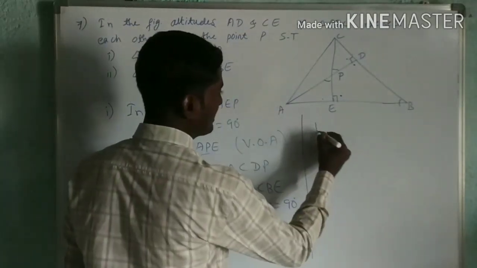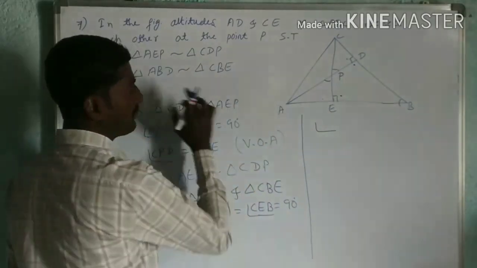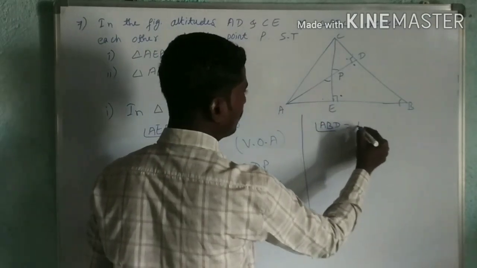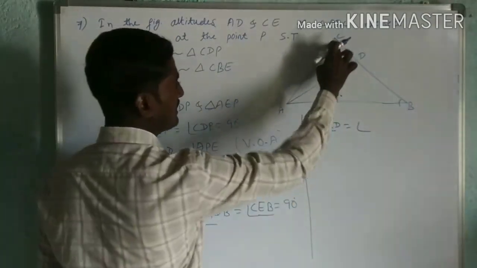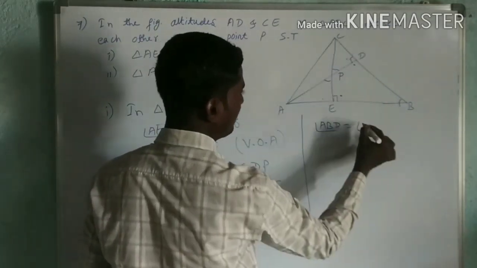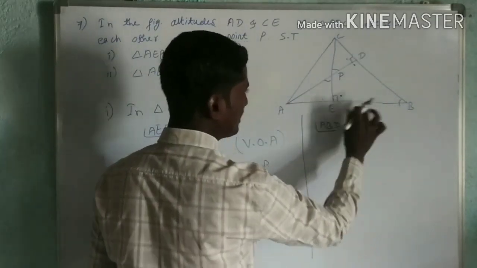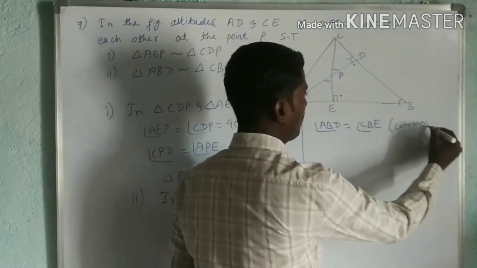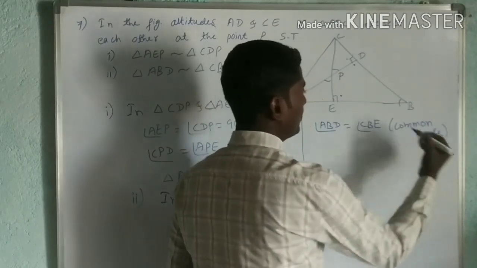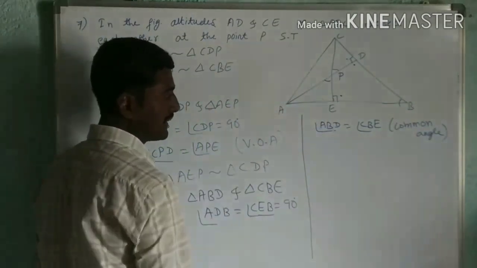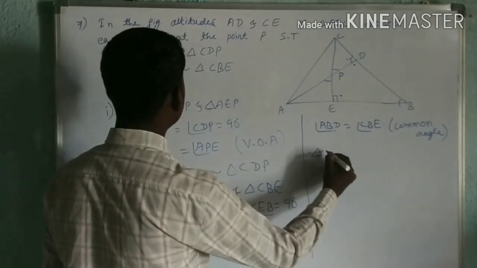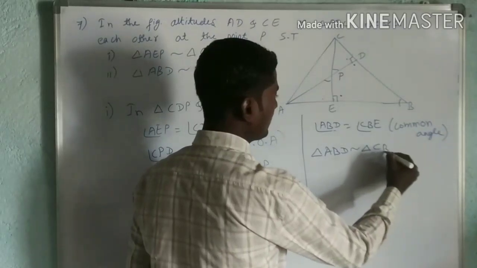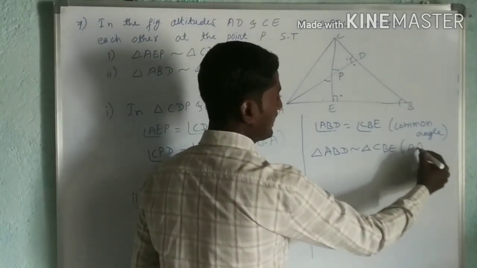So for the angle ABD, I can write ABD is equal to angle CBE, and these are equal because they are common angles. Now by using the AA similarity criterion, triangle ABD is similar to triangle CBE.